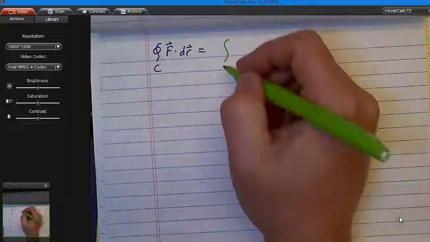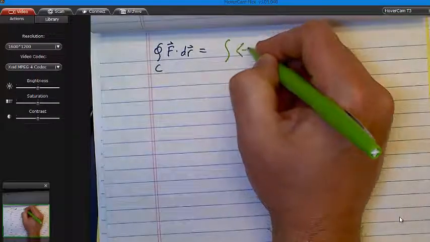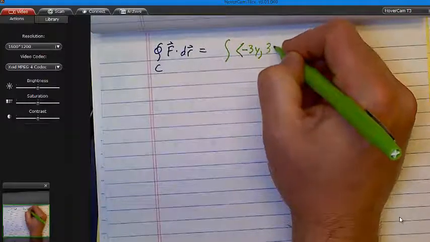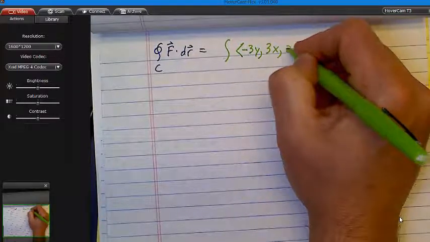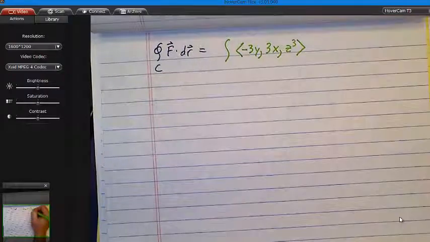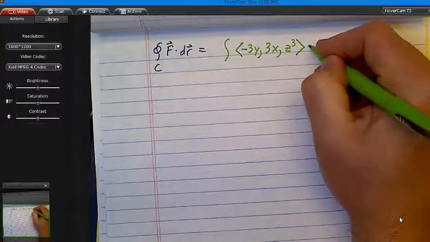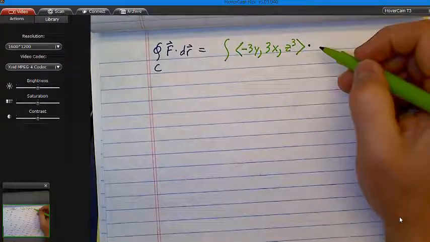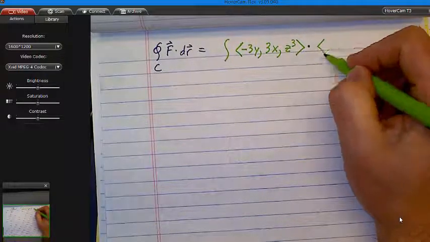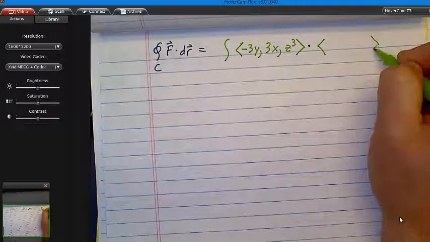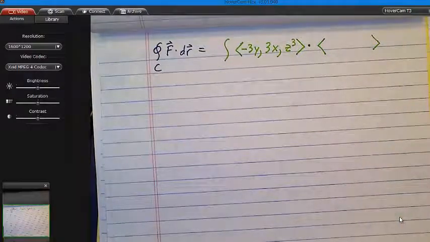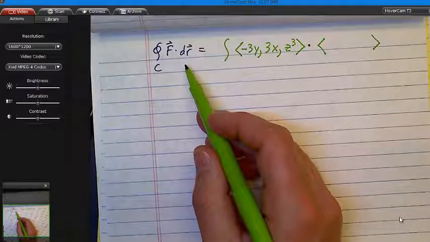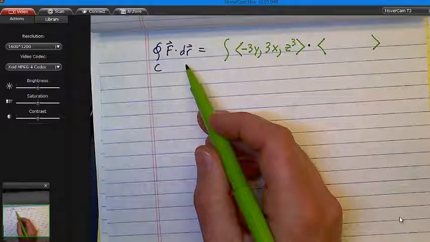So F was this: negative 3y, 3x, and we said z cubed, right? These will go away because we're dotting this with dr. So dr is dx, dy, dz, right?